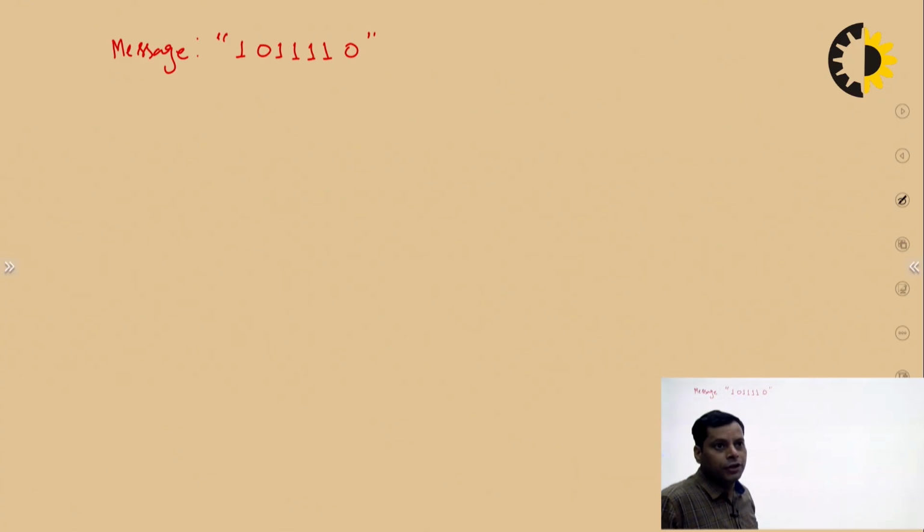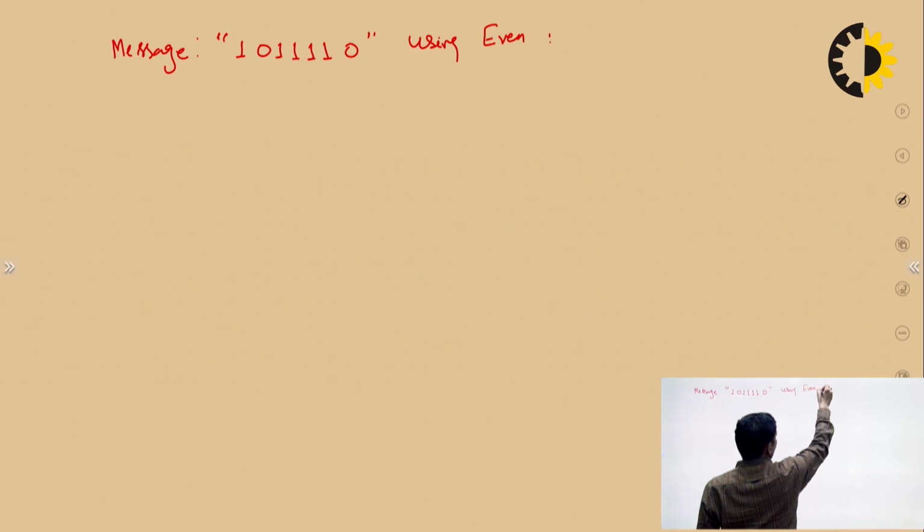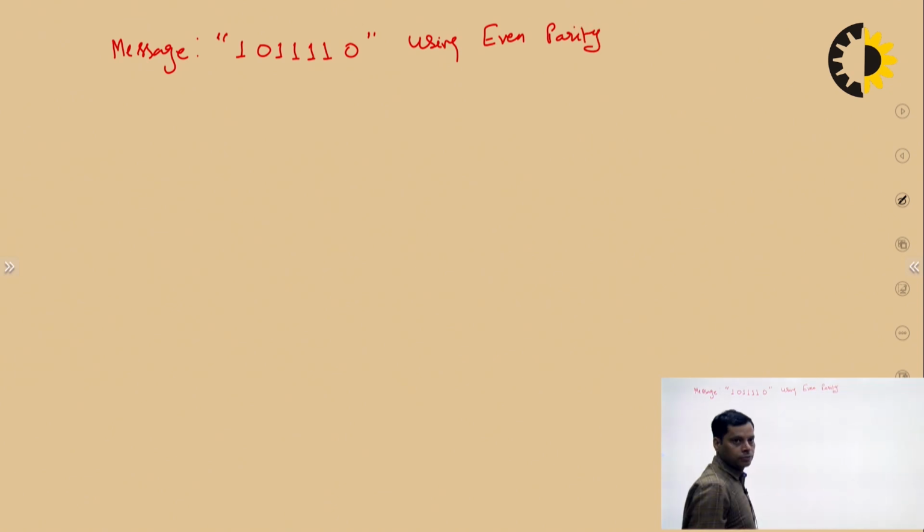This message we have to transmit with the help of Hamming code, using parity checksum. So we are using two methods, either even parity or odd parity.